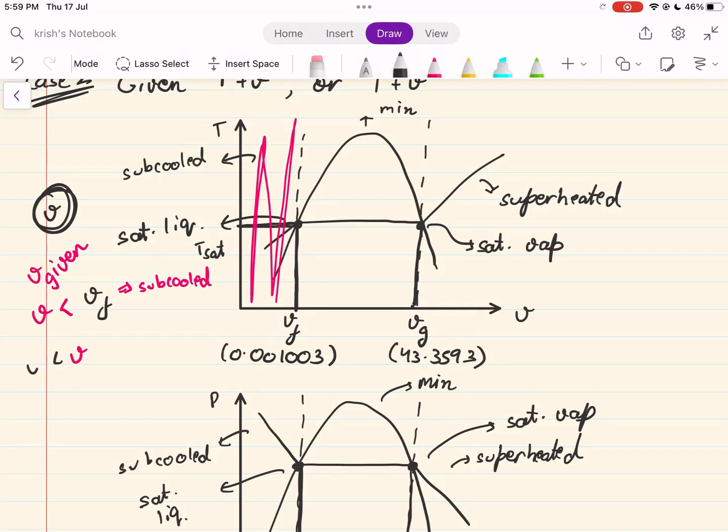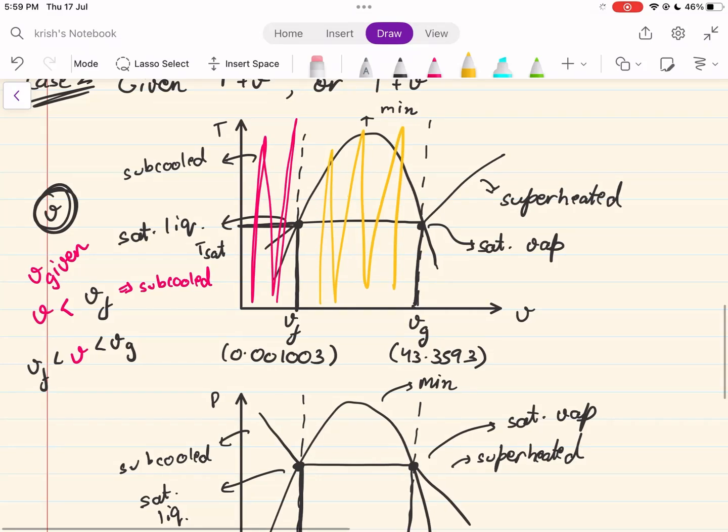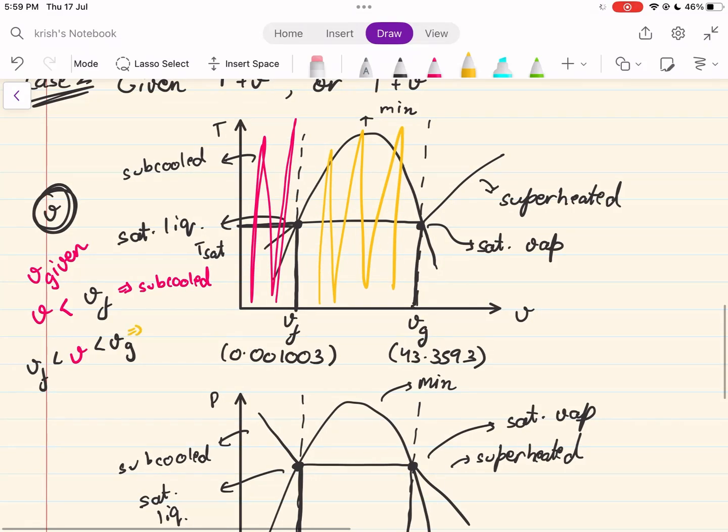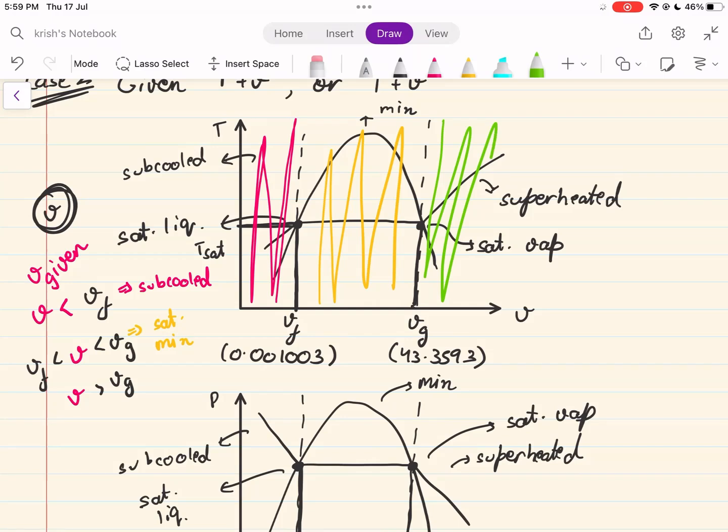If our v is lying between vf and vg, it is lying somewhere in this region, and we know that this is the saturated mixture region, so that means our substance is also a saturated mixture. And lastly, if our v given is greater than vg, that means it is lying somewhere in this region, which means it is a superheated vapor.